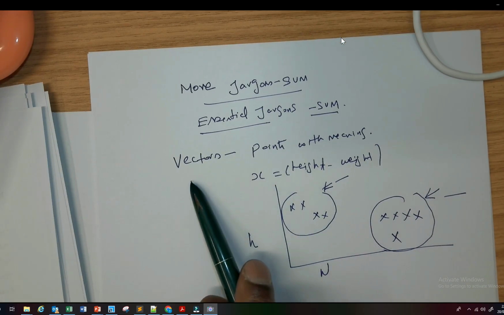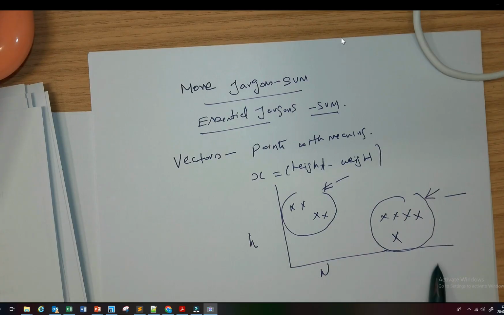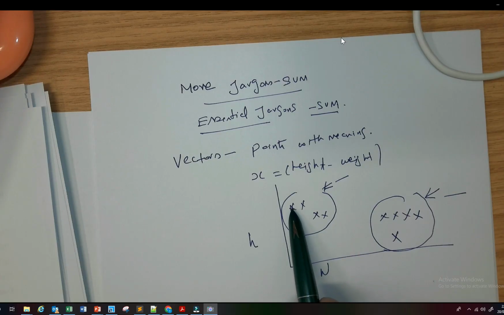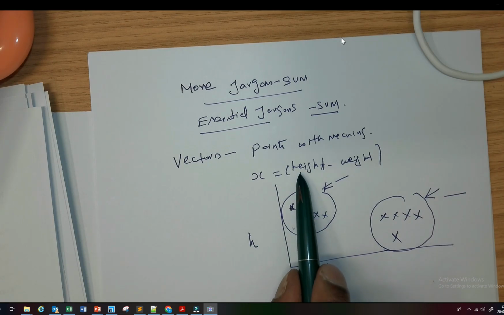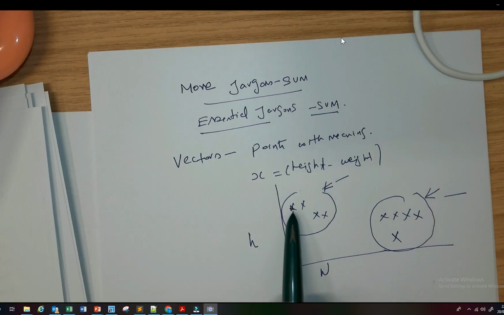So what's meant by vectors? You have weight pointing towards this side, and height we plotted on the y-axis, and each point tells something about the height of the student and also the weight of the student. So you need two data, variable 1 and variable 2, to explain the characteristic property of one student.